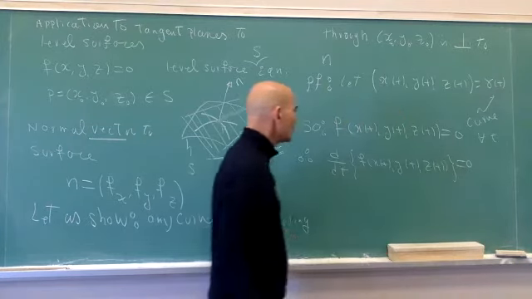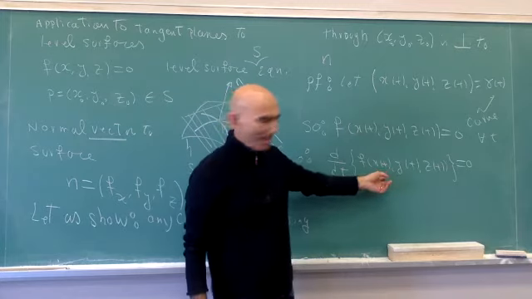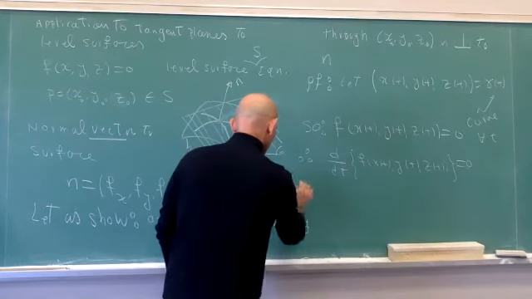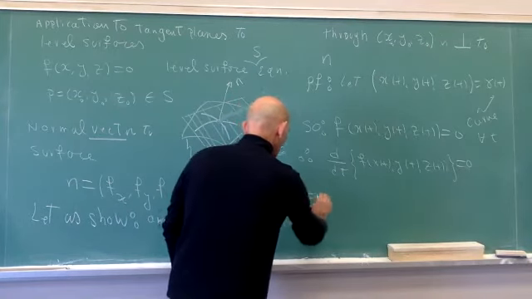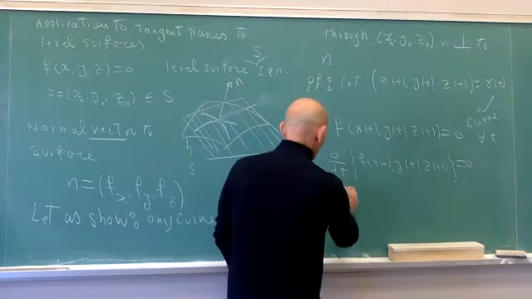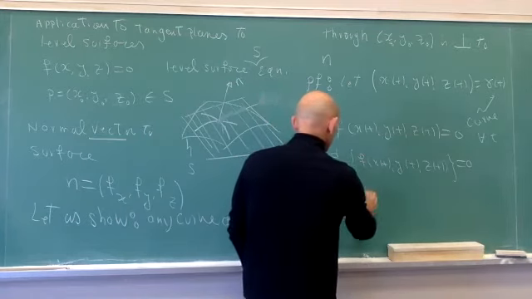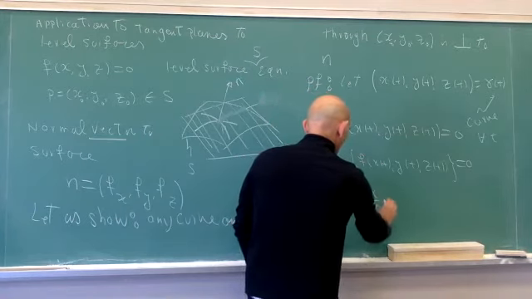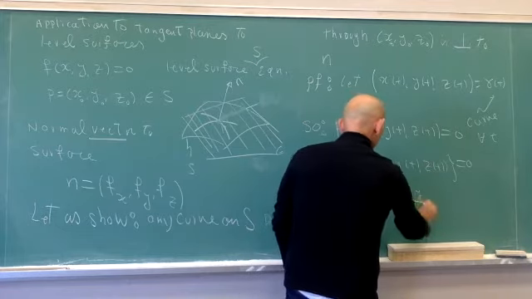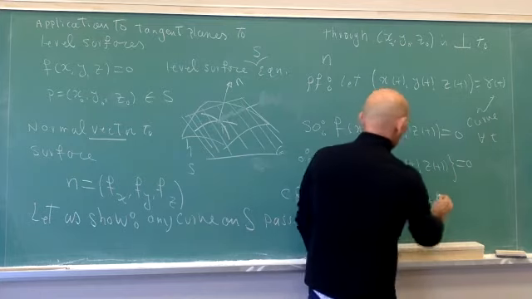But now we can use our knowledge of the chain rule to compute this. What does the chain rule say? The chain rule says that this is equal to f_x dx/dt plus f_y dy/dt plus f_z dz/dt, right?